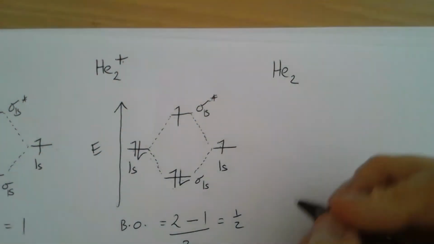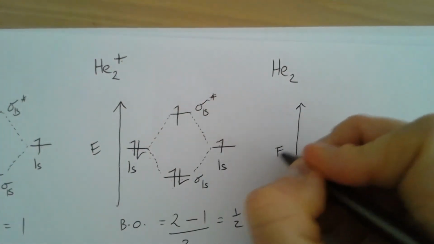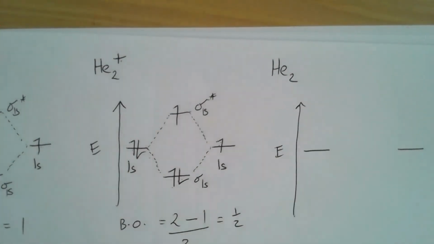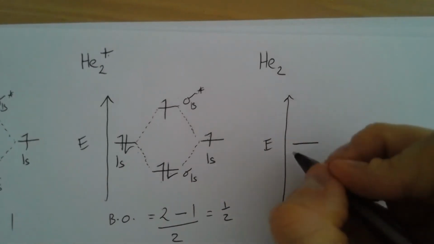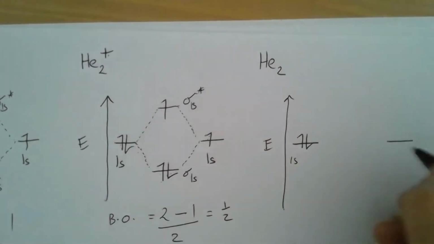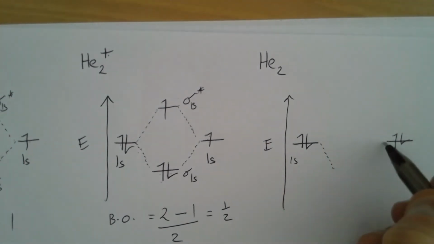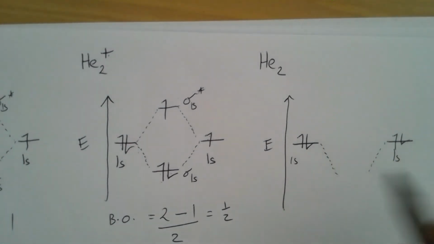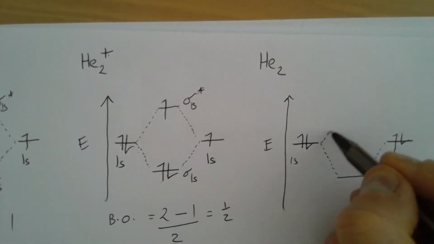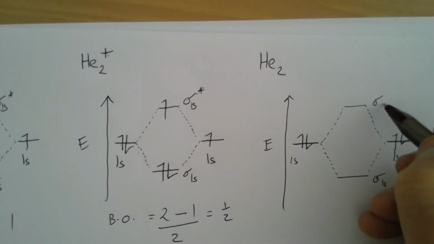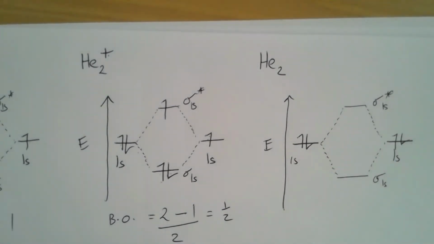Our final molecule is theoretical because it can't actually exist, and you'll see why in a minute. So here at He2, each helium atom has got 2 electrons, so in 1s, we put 2 in each of them. When these orbitals combine in phase, we get the sigma 1s bonding orbital, and when they combine out of phase, we get the sigma 1s star antibonding orbital.